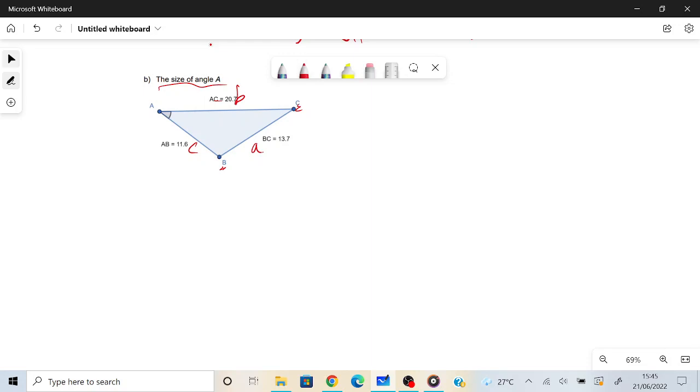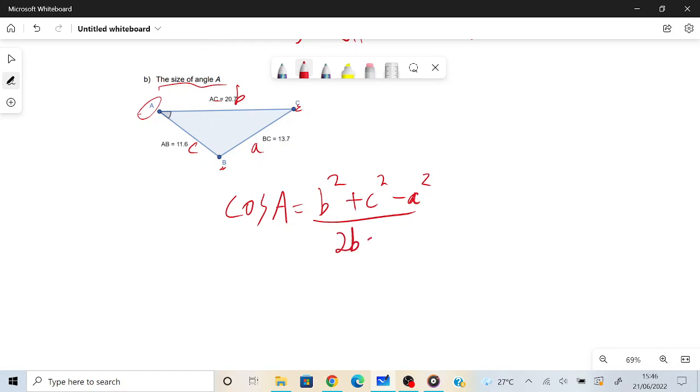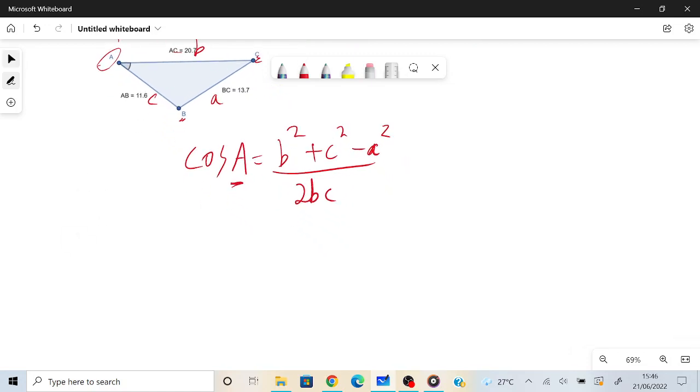Now which one? Since we're trying to find an angle in this case rather than the length of the side, we can use the formula cos A equals to b squared plus c squared minus a squared all over 2bc. Now we don't need to rearrange this formula again because we are essentially looking for big A. So let's substitute the values into this equation.